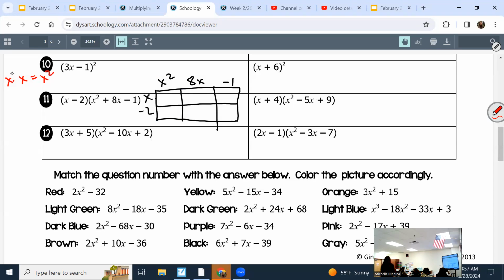We were adding the exponents. So what's x times x squared? What's the exponent on this x? What's 1 plus 2? So this will be x cubed.